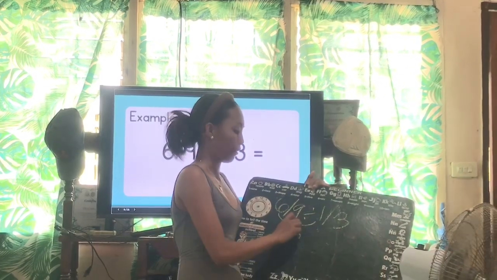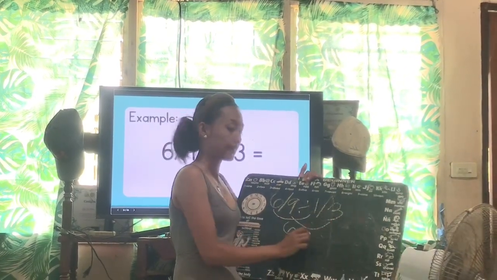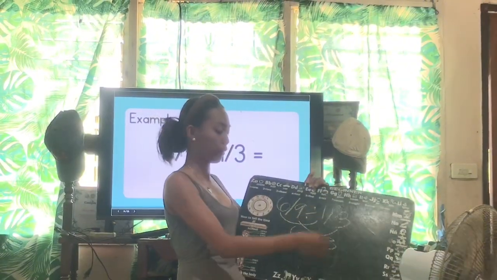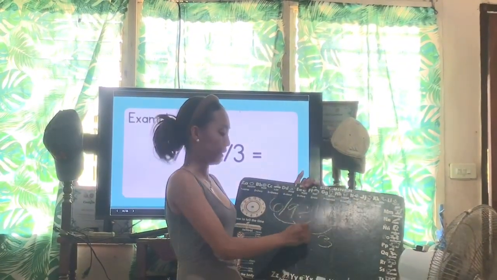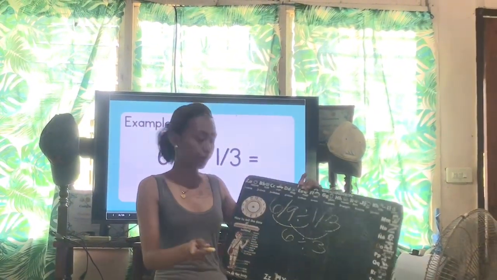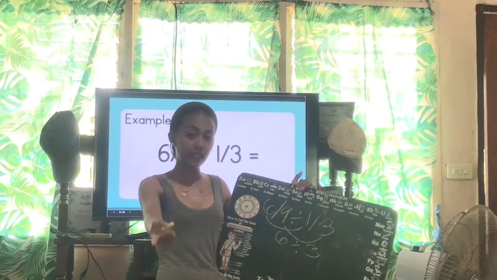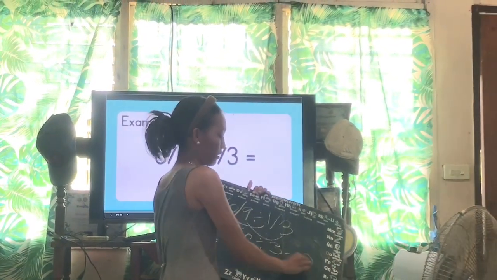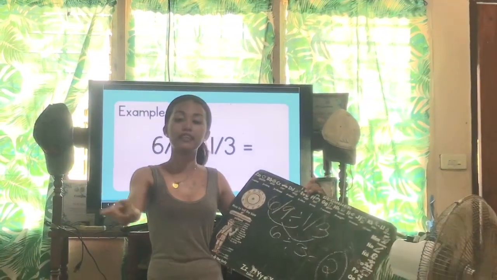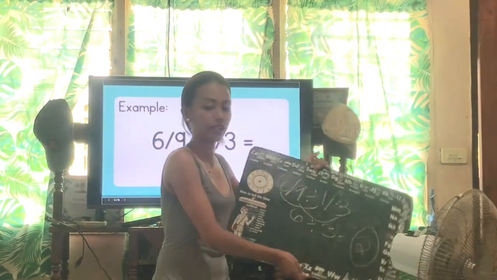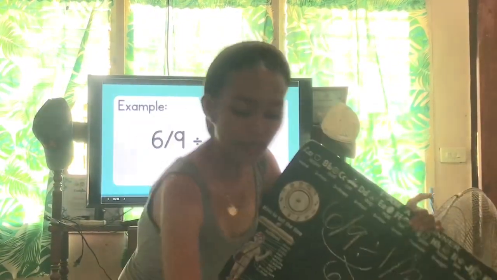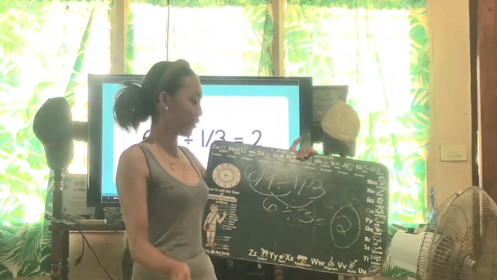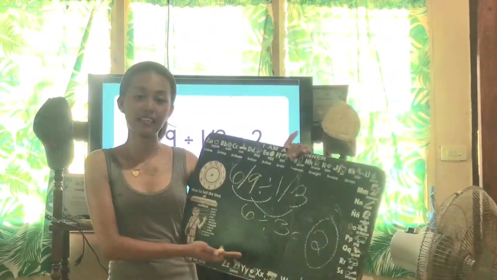Okay. 9 divided by 3 is, very good, 3. So we need to divide it. 6 divided by 3 equals, okay, 2. So the final answer is 2. Let's see. Okay, very good. The answer is 2.